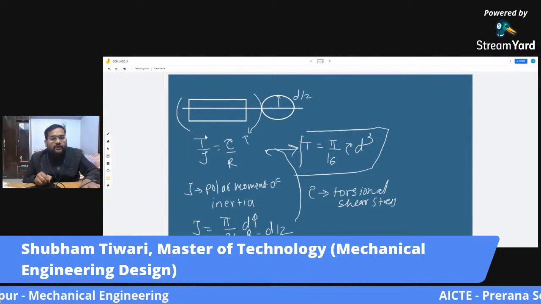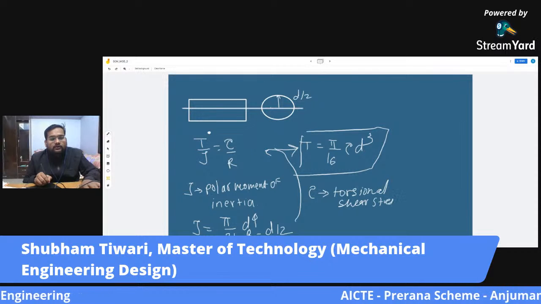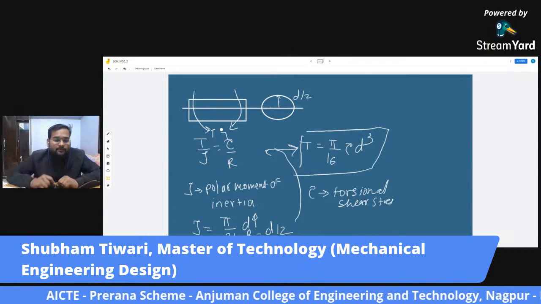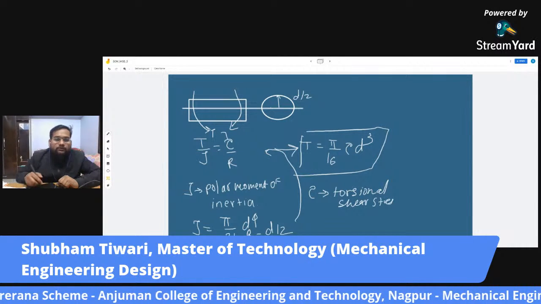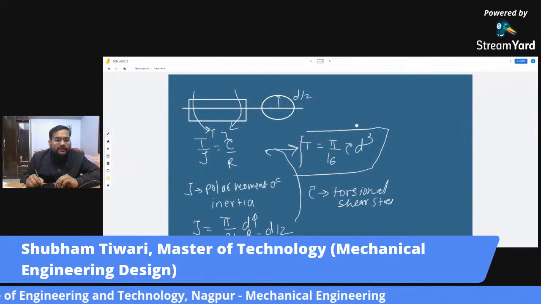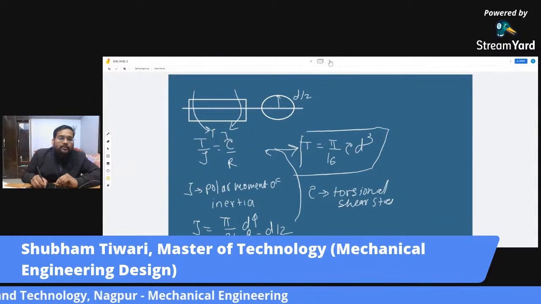I just draw it, yes, twisting moment. The action is like this. Now, what will happen if this shaft is subjected to a bending moment as well?